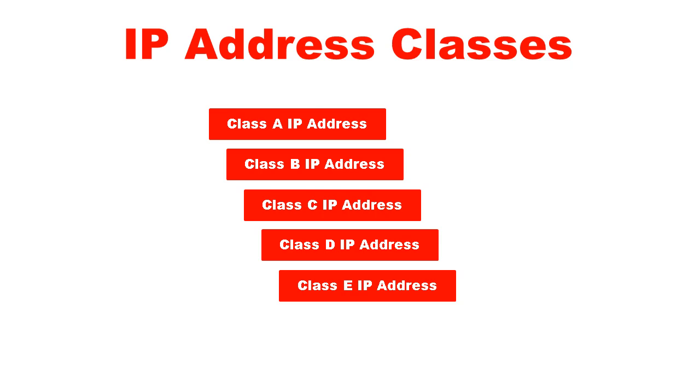The first 3 classes, A, B and C, can be used for host addressing. Class D addresses are used for multicast routing. Class E IP addresses are kept reserved for experimental and research purposes.